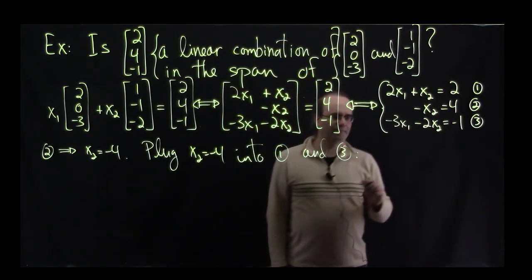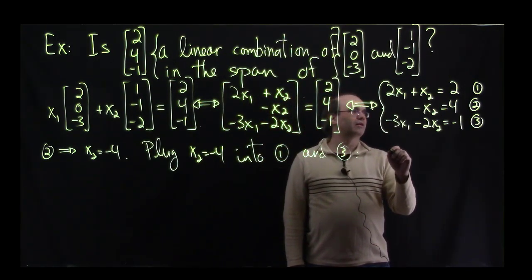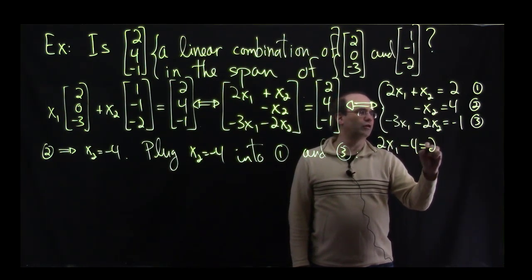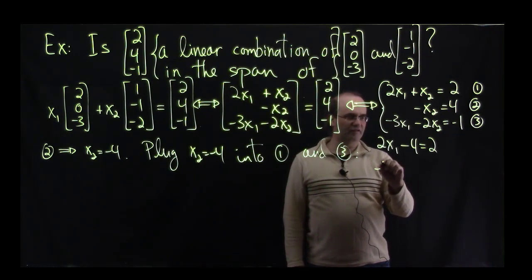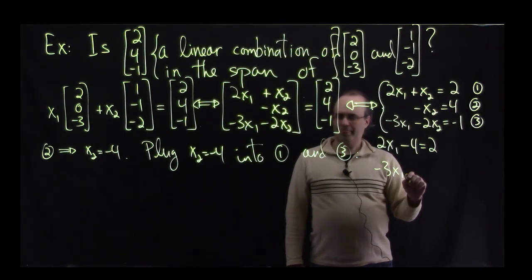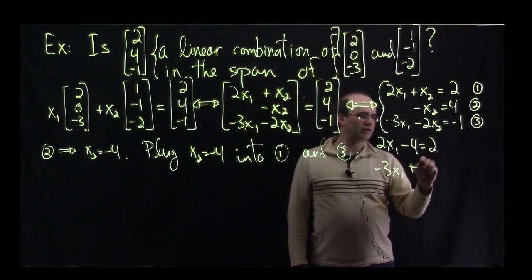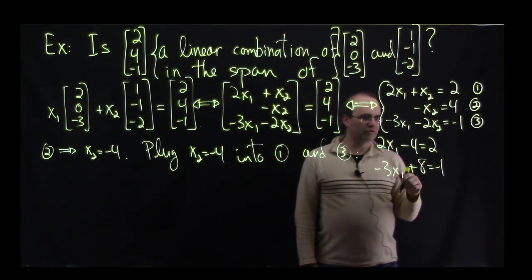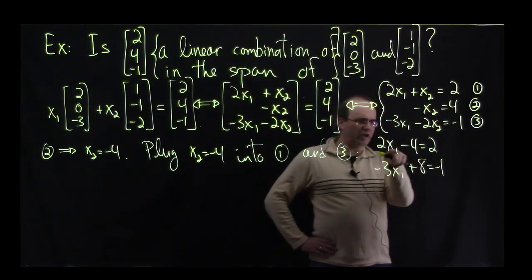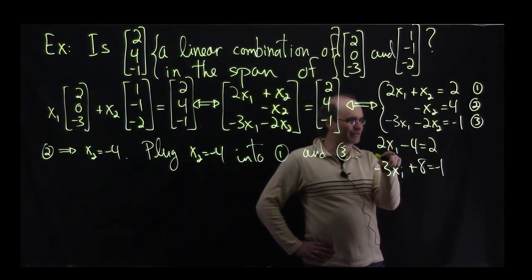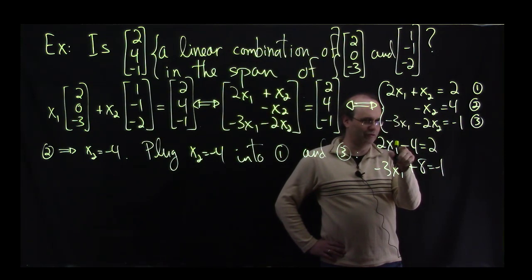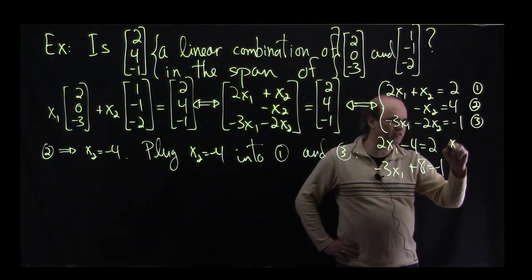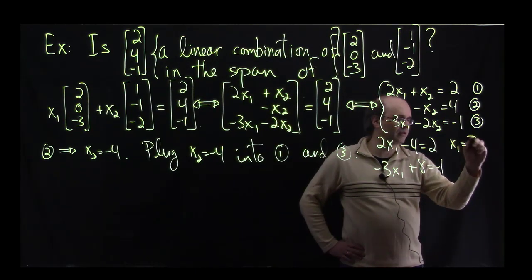So what do we get? We get 2x1 - 4 = 2 for the first, and -3x1 + 8 = -1. From the first equation, if I isolate x1, I put -4 on this side and get 6 divided by 2, so x1 should be equal to 3.